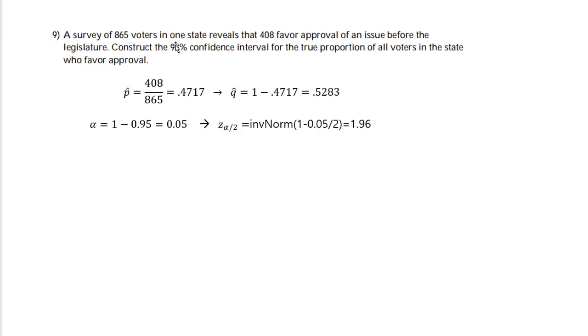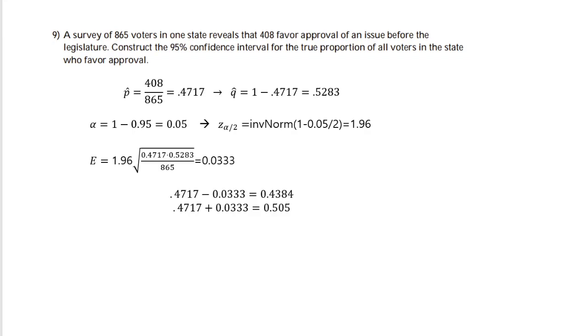Then the next value we need is the critical value. Since we're doing 95%, the alpha level, or the significance level, will be 1 minus 0.95, so it's 0.05. And you again use the calculator to find 1.96 as the critical value. So now we can plug it into the formula for the margin of error. We have everything we need. So 1.96 is the critical value. These are p hat and q hat divided by the sample size 865, and we get the value 0.0333.